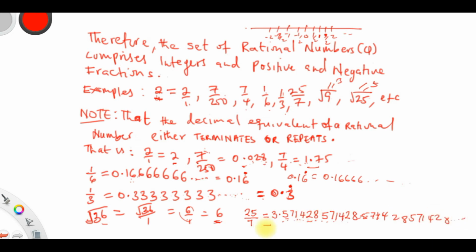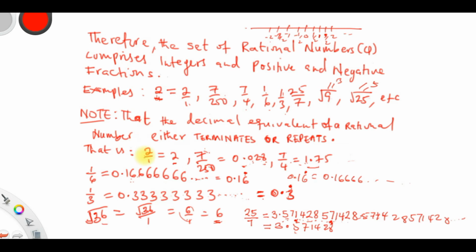So we can write it in short form: 3.571428, where the whole block is repeating. What we do is put a dot on the 5 and a dot on the 8 to tell you that this whole thing keeps on repeating. So that is the short form.